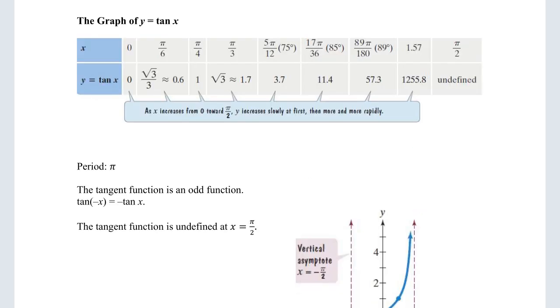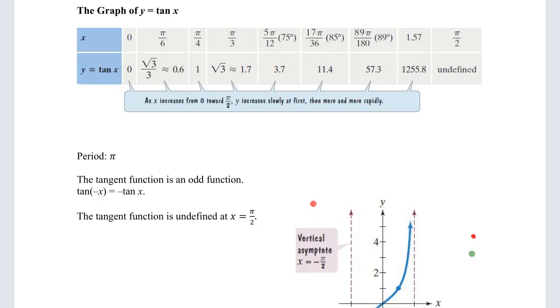Before graphing the tangent function, let's first understand what makes it different from sine and cosine. Recall that tangent theta, in terms of sine and cosine, is sine theta over cosine theta.